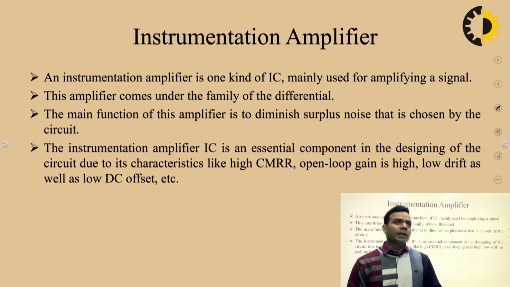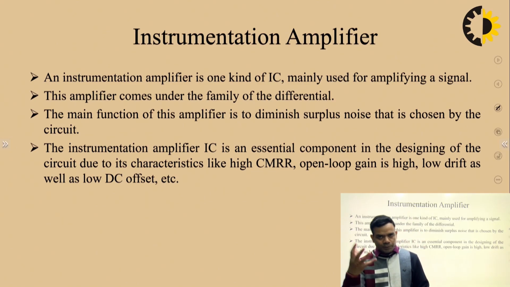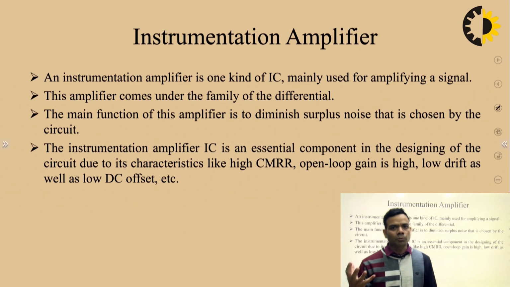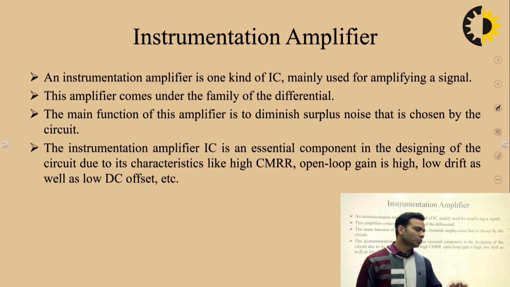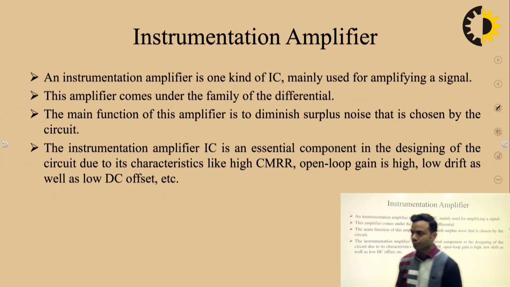A practical purpose amplifier means the amplifier which can provide a good amount of gain, and there should be a good capability to reject noise. That means CMRR should be very high. That means noise rejection capability should be high.